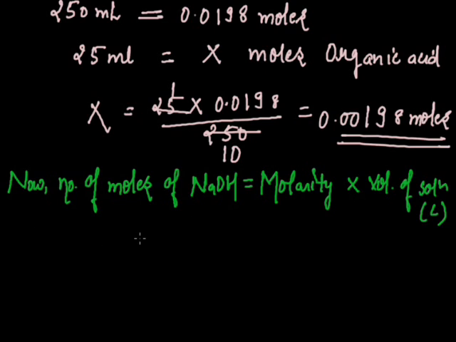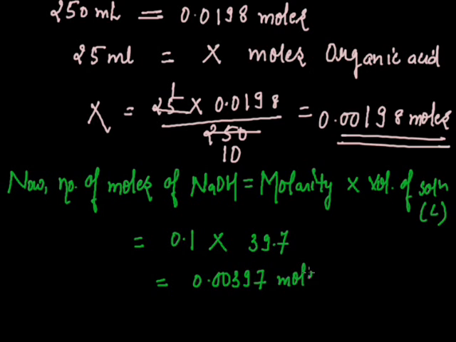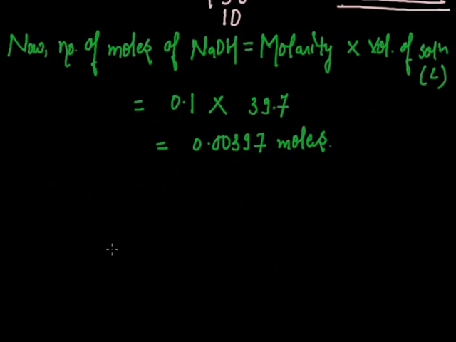So, moles of NaOH will be 0.1 multiplied by 39.7, which is equal to 0.00397 moles.